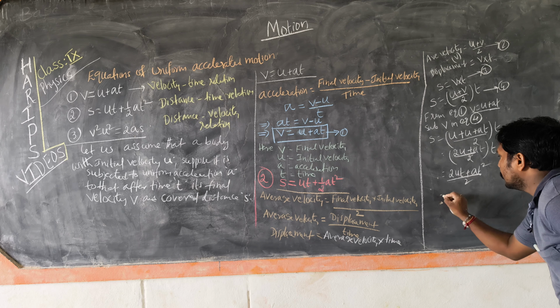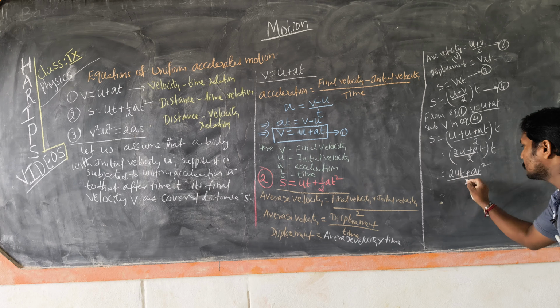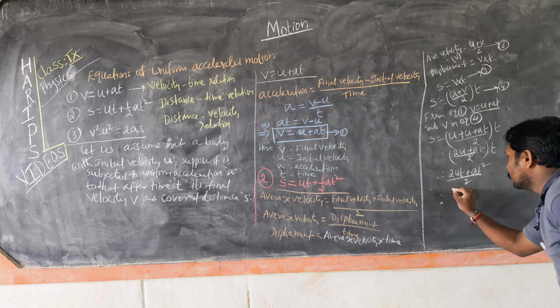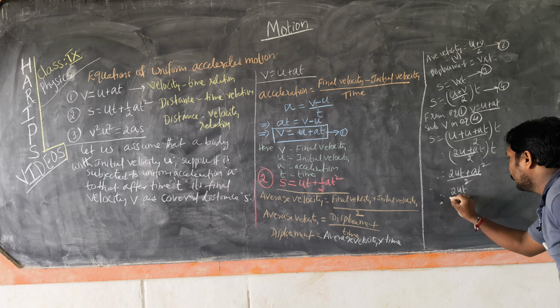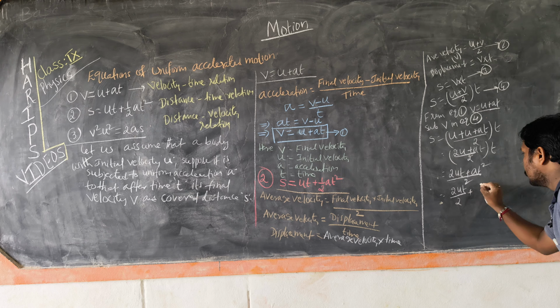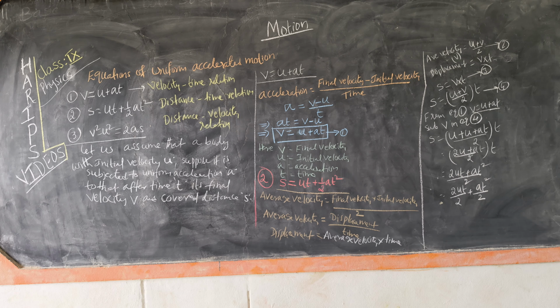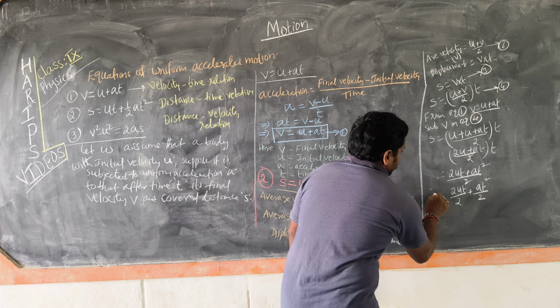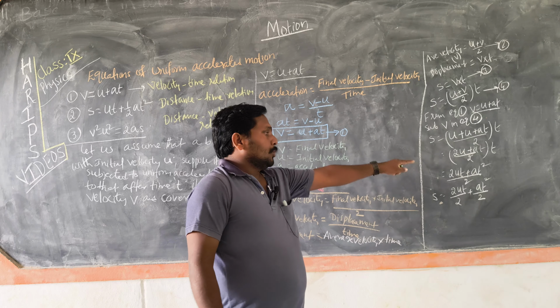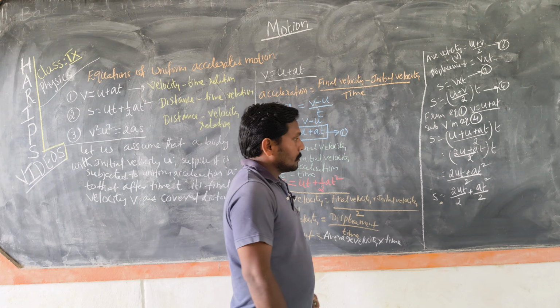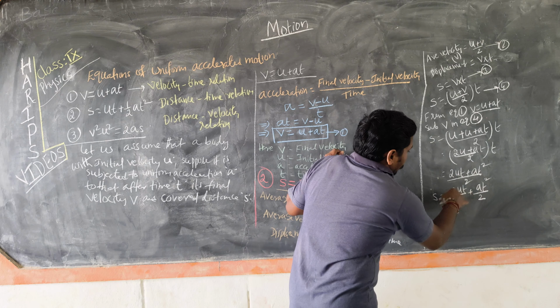That is equal to, write separately because it has the same denominator: 2ut by 2 plus at square by 2. So here the 2 gets cancelled.